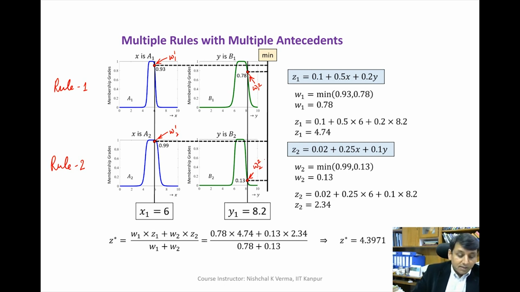Now, let us use rule number 1 output here. So, let me first write that the output is of the form Z is a function of x, y, and then we have P0 plus P1 x plus P2 y. And since Z1 is given for the first rule, Z2 is given for the second rule.